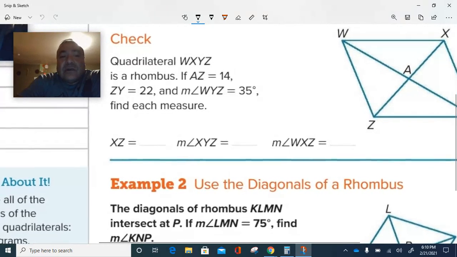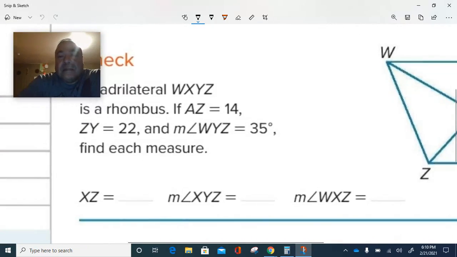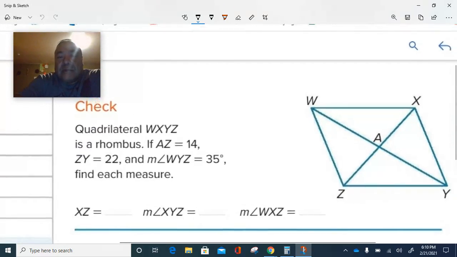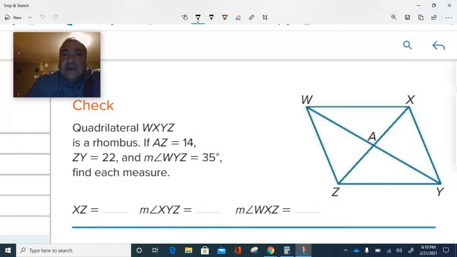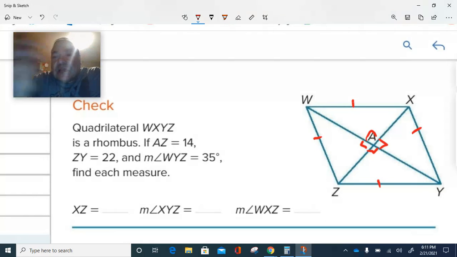As long as you remember that the difference here is that this is 90 degrees. That's a huge difference. And everything else is congruent. And of course, the lines are also congruent as well, the transversals, or diagonal lines right there.